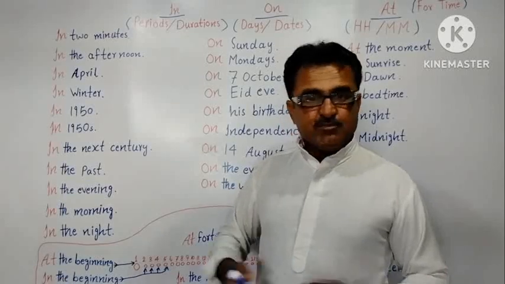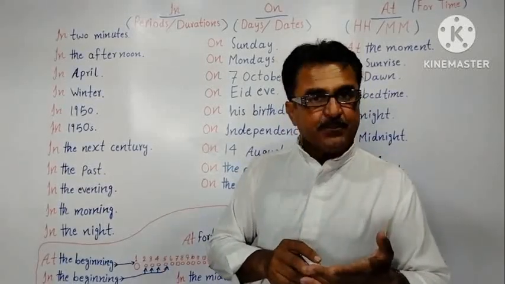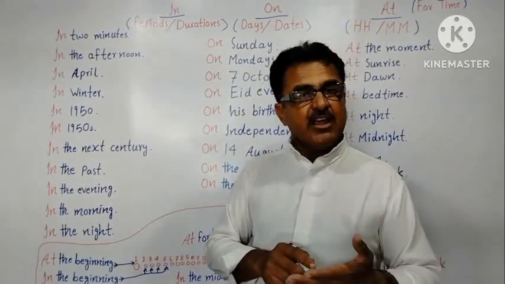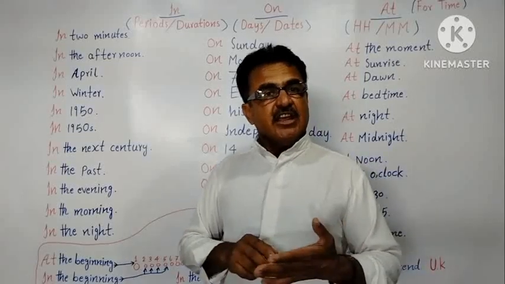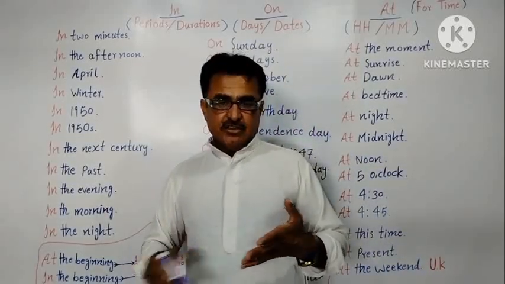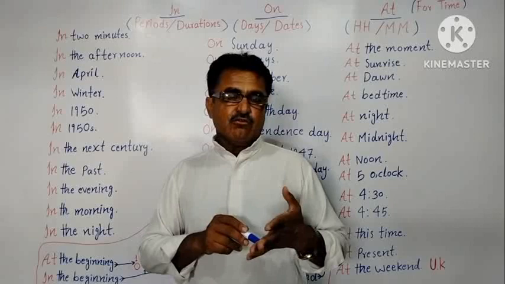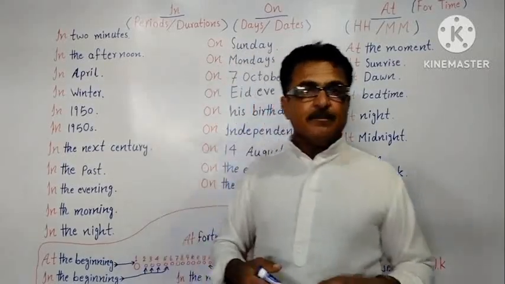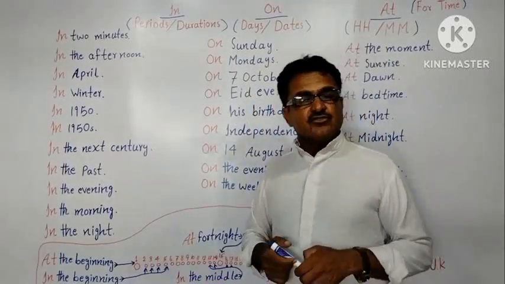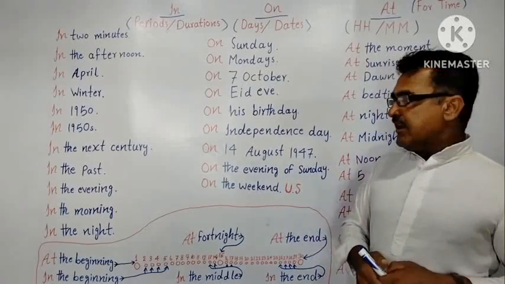It's possible that I drink at 4 o'clock, 5 o'clock, 6 o'clock, 7 o'clock, like this. So anytime, the time is not clear. So that is evening, in the evening.